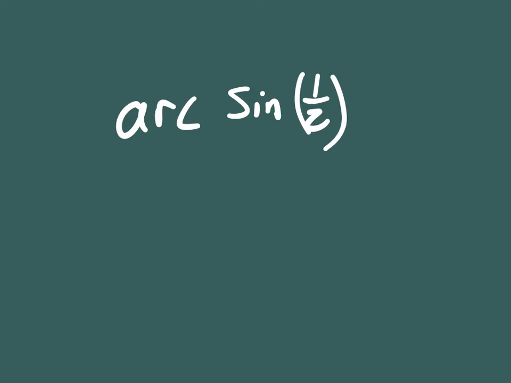So imagine for a moment that they said arc sine of 1/2. What on earth does that mean? Well, that means they started with sine of some angle was equal to 1/2, and then they took the arc sine on both sides.